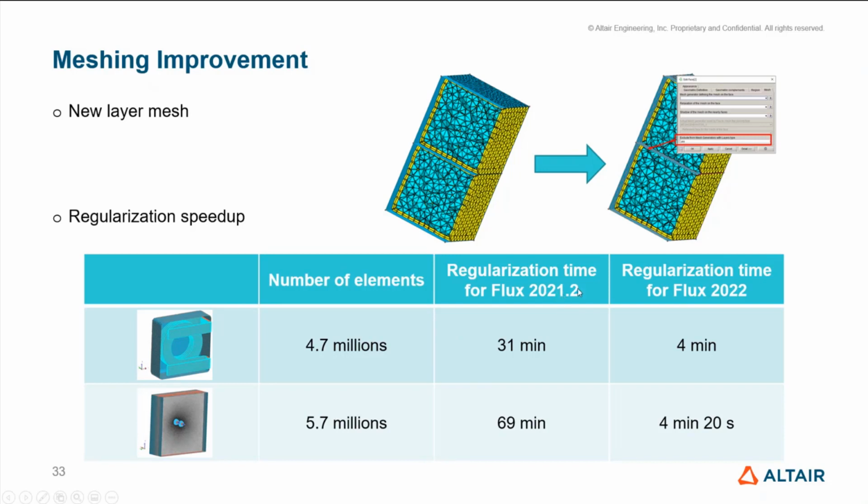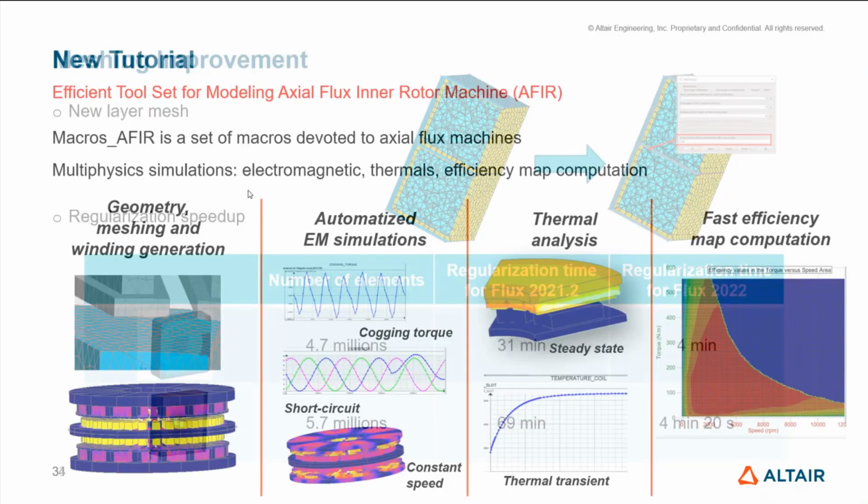In Flux 2021.2, for this kind of problem, it takes half an hour for the meshing, but in 2022 only 4 minutes is enough to reproduce the same mesh as in 2021.2, and this case is the same. This is about the meshing improvement.